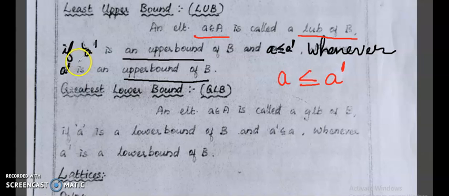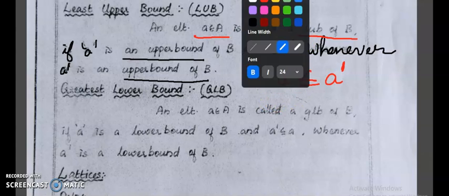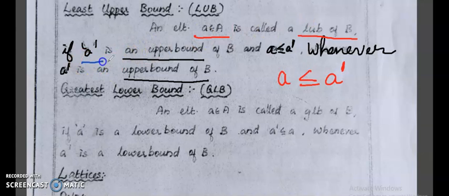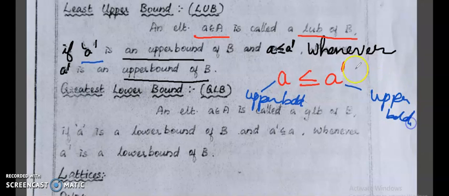If a is an upper bound of B and a is less than or equal to a dash, you see, a is the least upper bound. That means a is also an upper bound, and this a dash is also an upper bound. a is an upper bound of B and a is always less than or equal to a dash whenever a dash is an upper bound of B. a dash is an upper bound, but a is less.